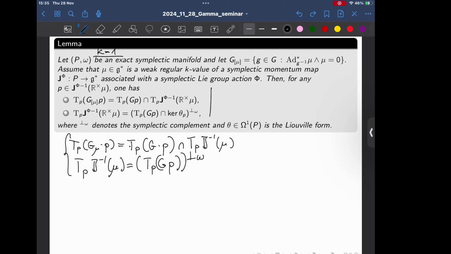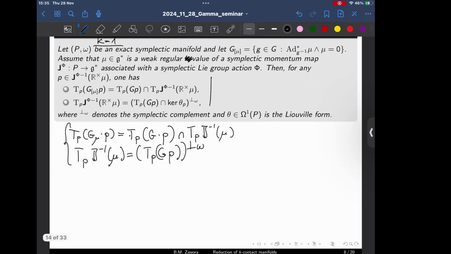Similarly, we can translate it as a condition that this is proportional to mu. We assume that mu is a weak regular value of a symplectic momentum map associated with a symplectic Lie group action.